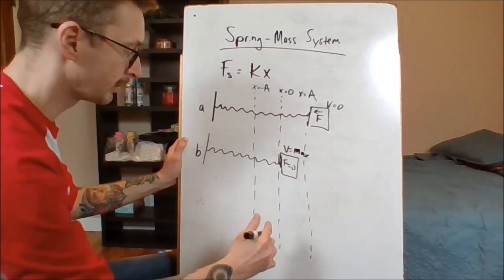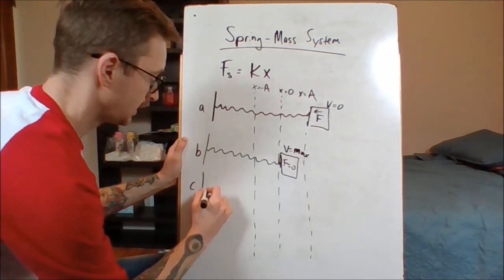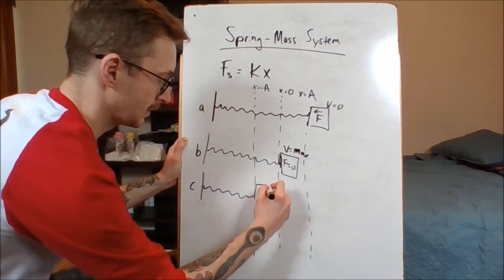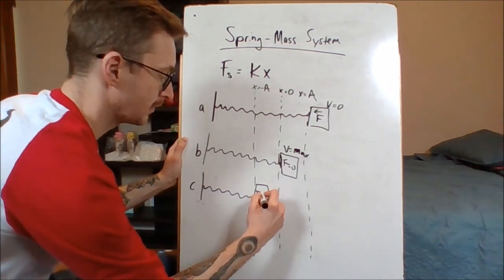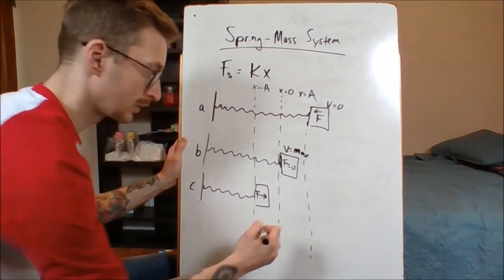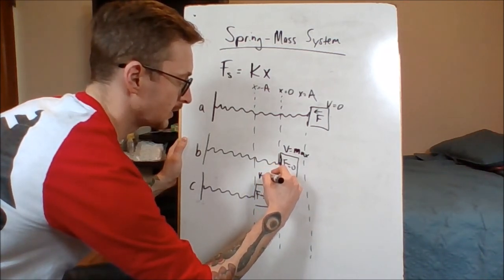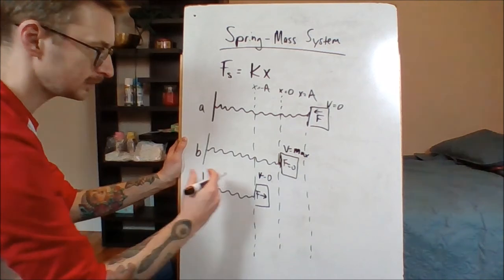Then at C, the force would be moving it back towards that equilibrium point, and the velocity there would be 0.